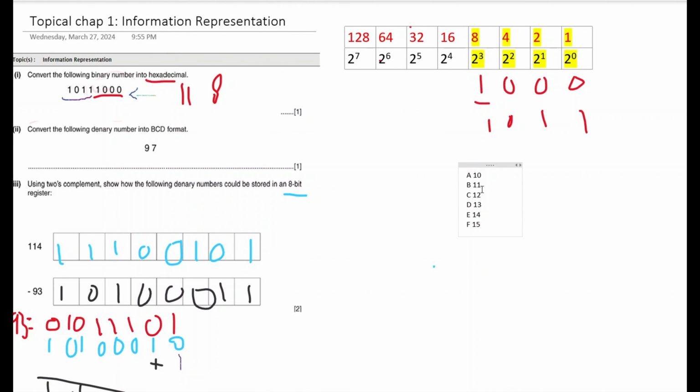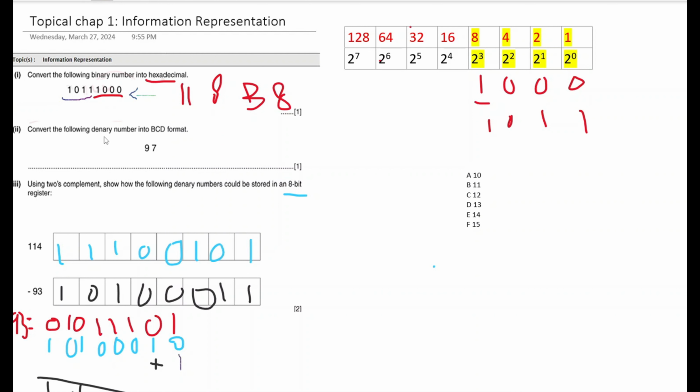According to this table, the value 11 will be replaced by the letter B. So my final answer is B, sorry, not B11, it's B8.